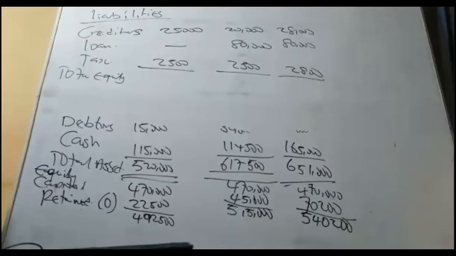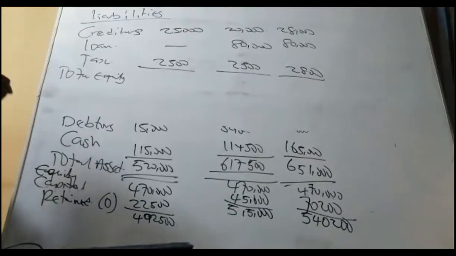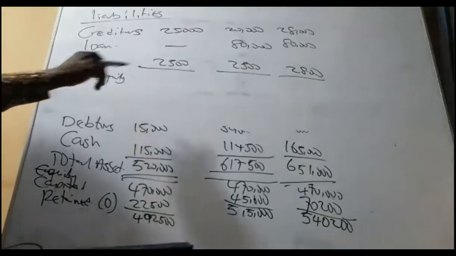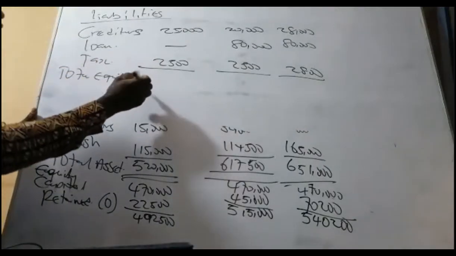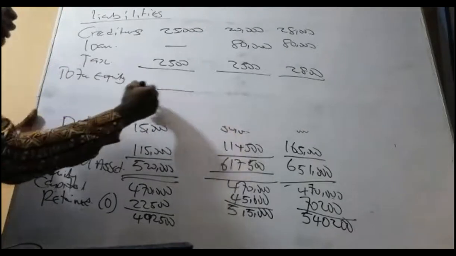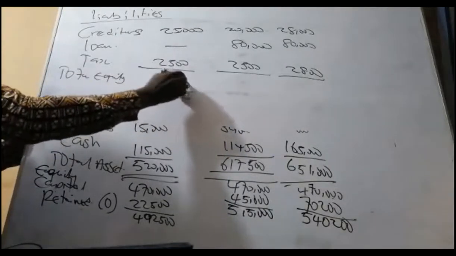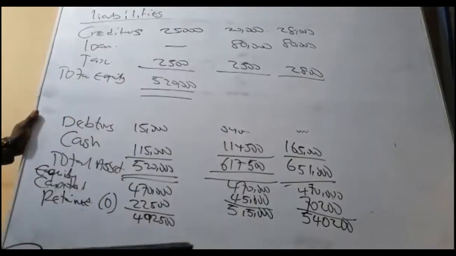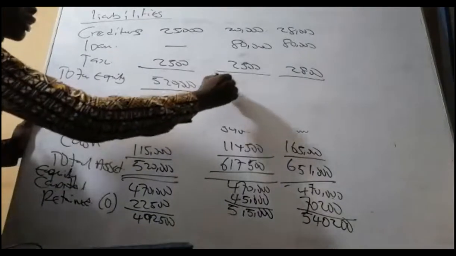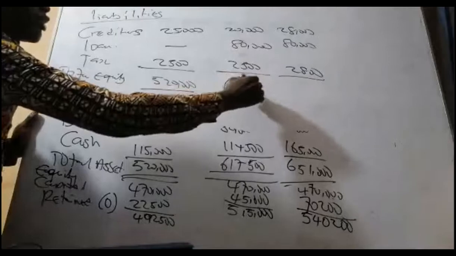When you add, total equity and liabilities here is 520, right? Good. So 617,500.